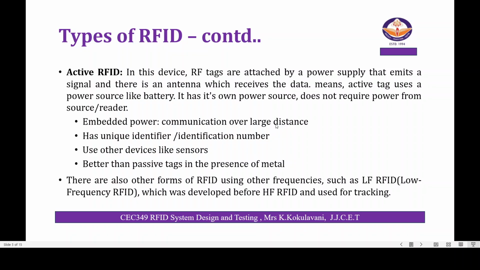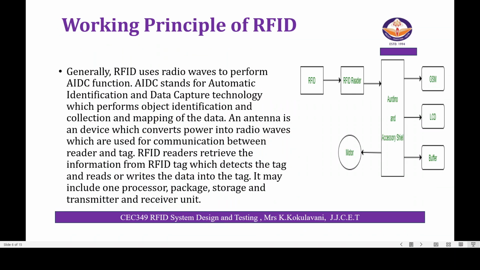Communication may be over a large distance, it has a unique identifier and identification numbers, and it uses other devices like sensors. It is better than passive tags in the presence of metal. There are also other forms of RFID using other frequencies such as low frequency RFID, which was developed before high frequency RFID and used for tracking.